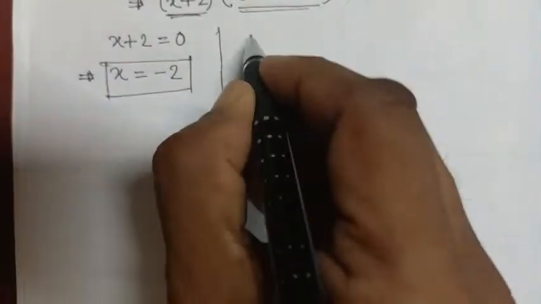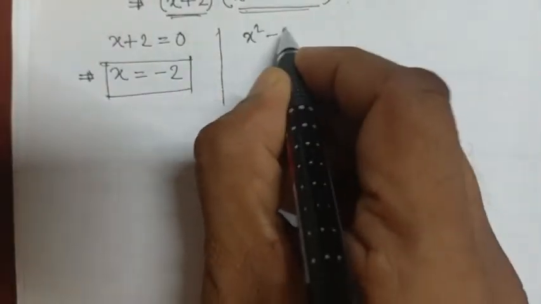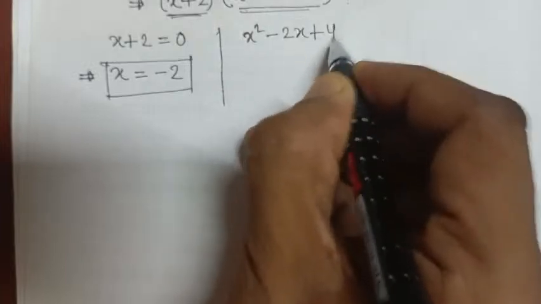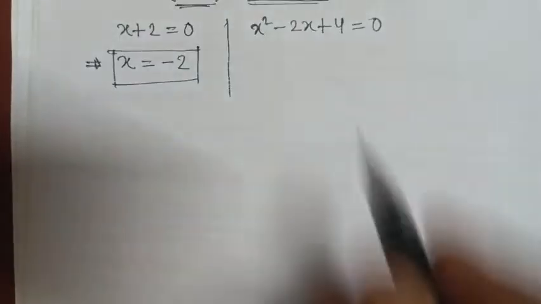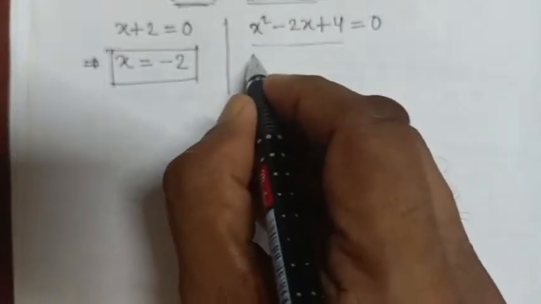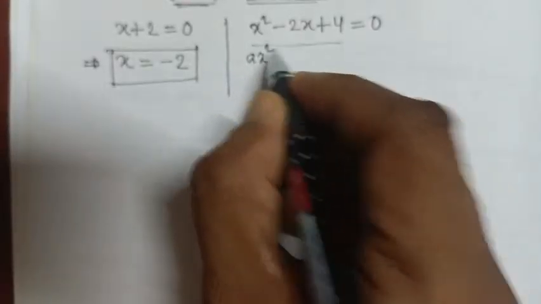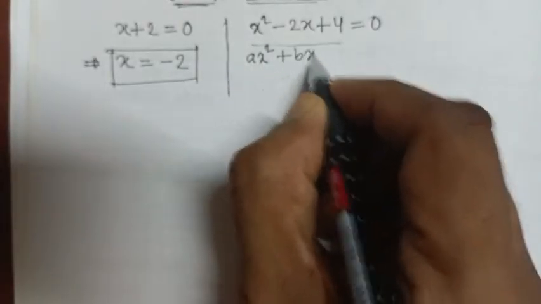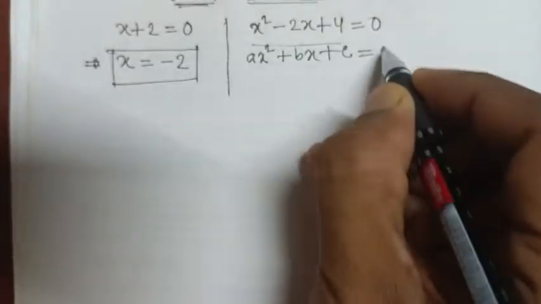Now we are taking x square minus 2x plus 4 equals 0. So this is a type of quadratic equation. So we can write one quadratic equation: ax square plus bx plus c equals 0.